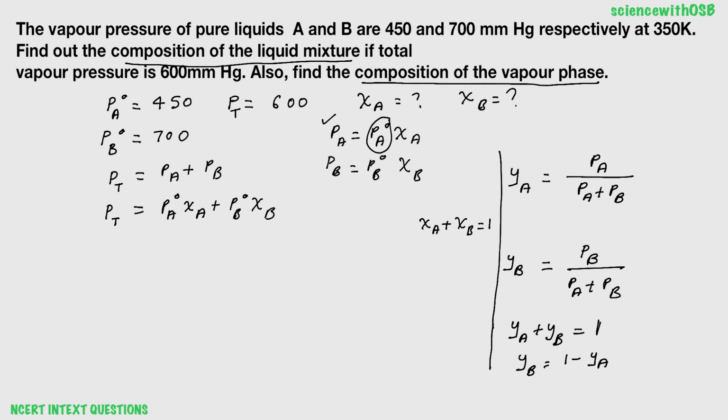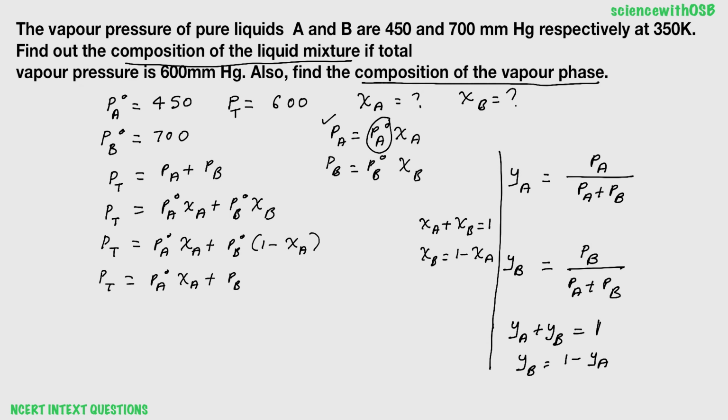Now instead of chi B, what can we write? 1 minus chi A. I'm substituting that here. PT is equal to PA standard chi A plus PB standard into 1 minus chi A, right? So PT is equal to PA standard chi A plus PB standard minus PB standard chi A.